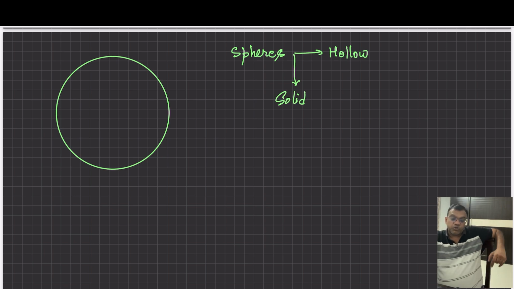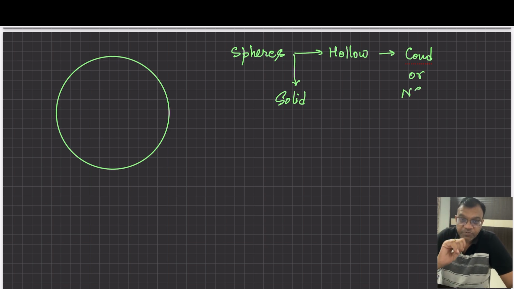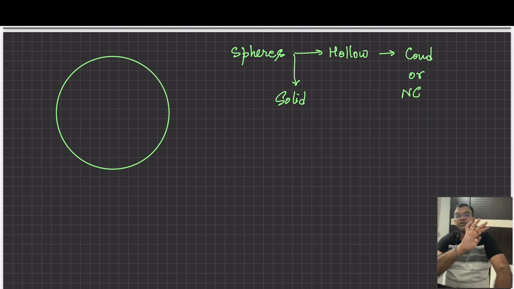Now it can also be conducting or non-conducting. So we can have four types of sphere: hollow conducting, solid conducting, hollow non-conducting, solid non-conducting.